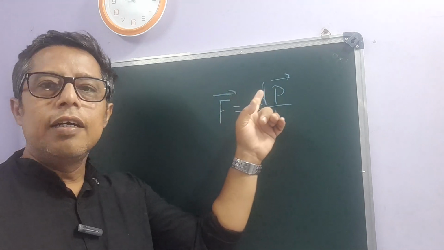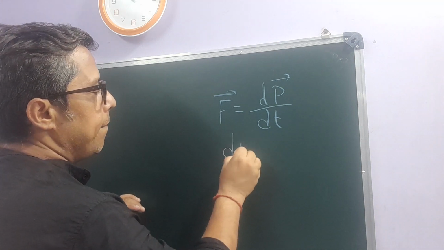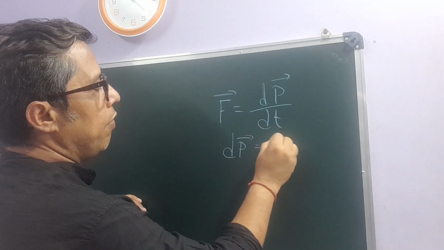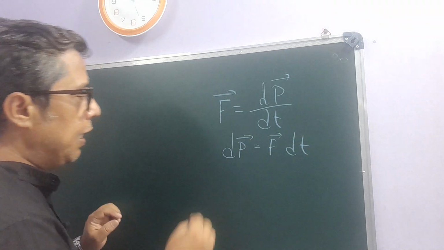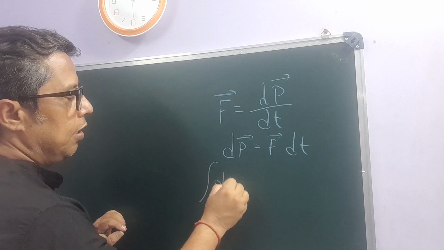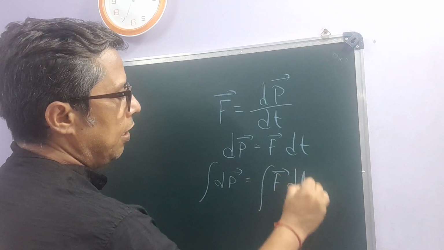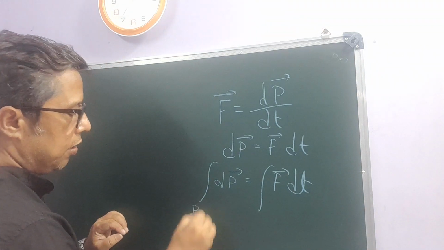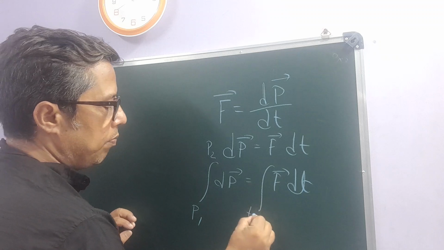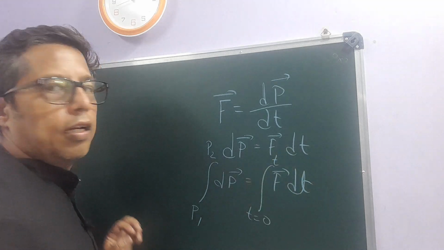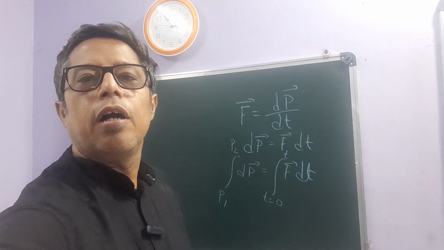Force is the rate of change of momentum. Now from here we can write dp is equal to F dt. Integrating both sides, the momentum changes from p1 to p2 and time is from t equal to 0 to t equal to t. So this is the time part.